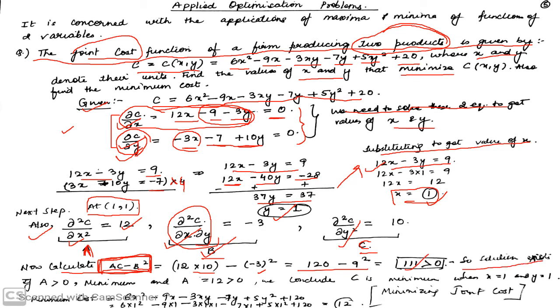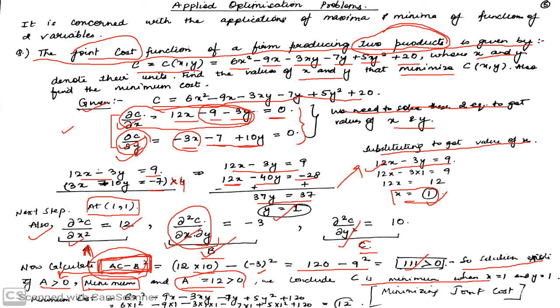Solution exists, so we will proceed. After finding AC minus B square, you have to look at the value of A. If the value of A is greater than 0, right, then it is a minimum, the total cost is minimized. And you see that A is equal to 12, which is greater than 0, so we conclude that the cost is minimum. When is the cost minimum?